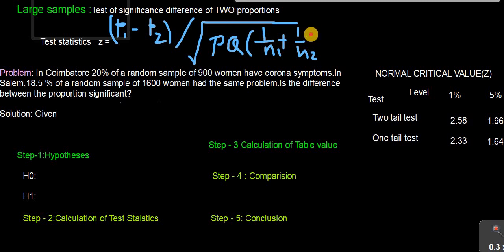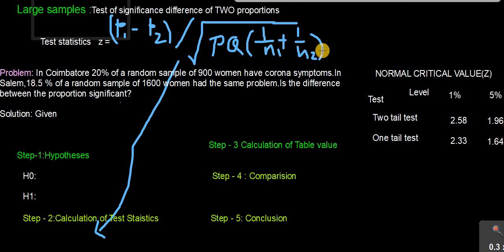This is what we have to calculate, and all the data will be given to us. p1 is the proportion of the first sample, p2 is the proportion of the second sample, N1 is the size of the first sample, and N2 is the size of the second sample.